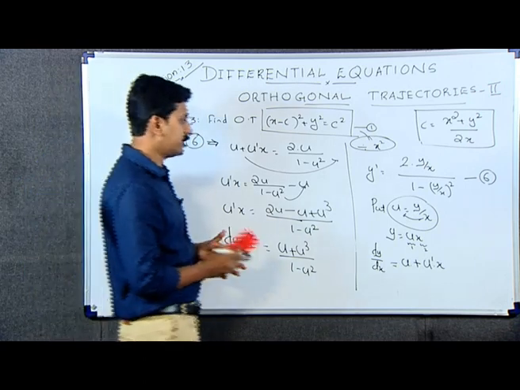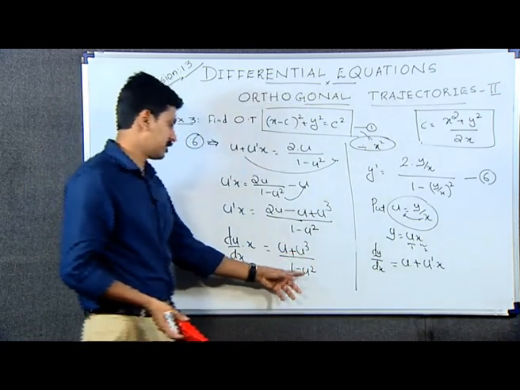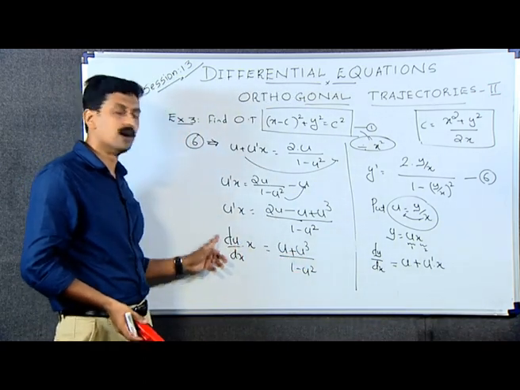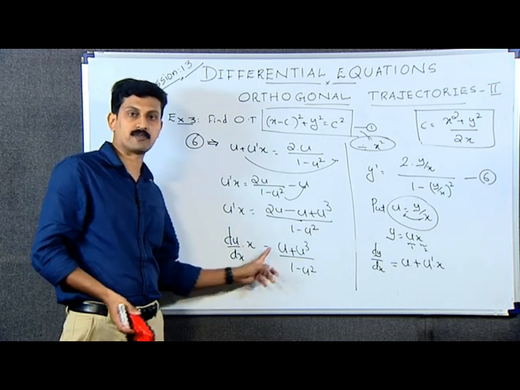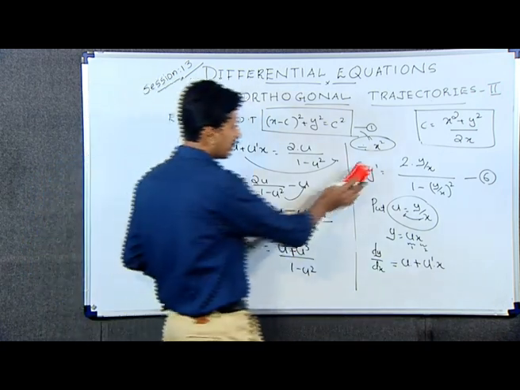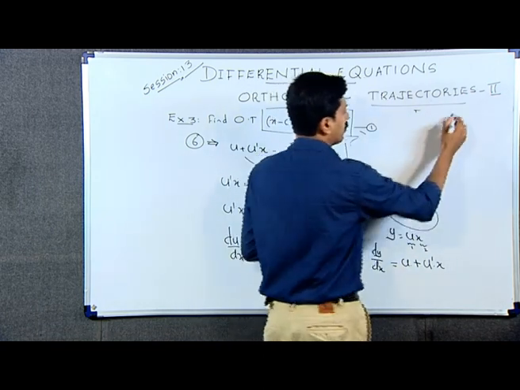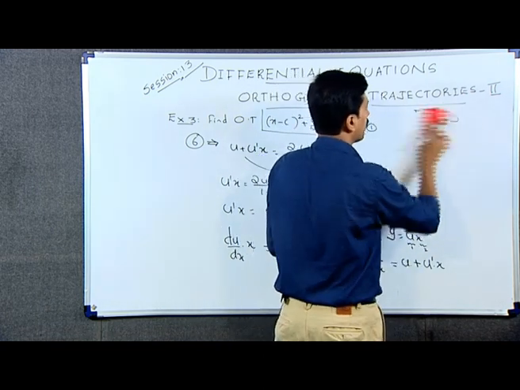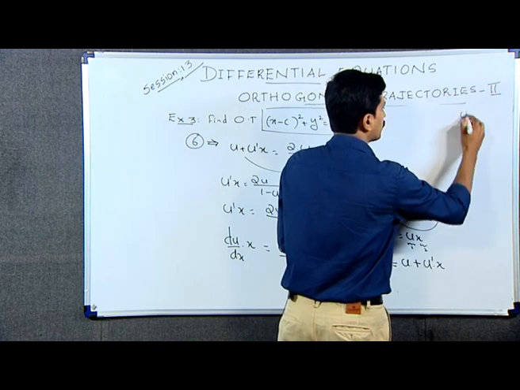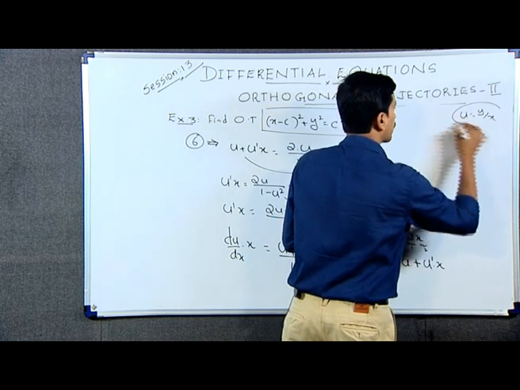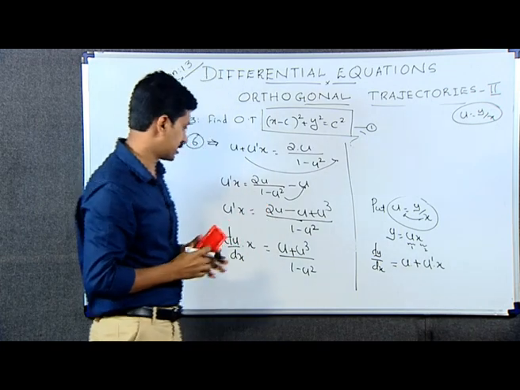Now, we are happy we are able to separate this as parts of u as well as parts of x. So, I am keeping u is equal to y by x for further use, that we have to replace later.